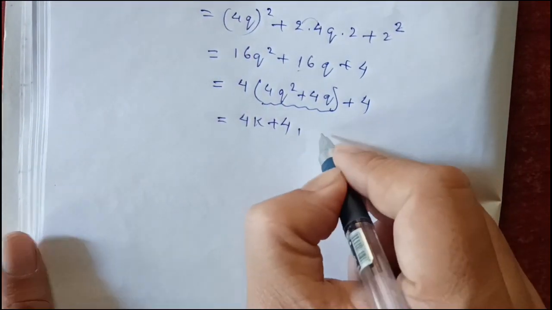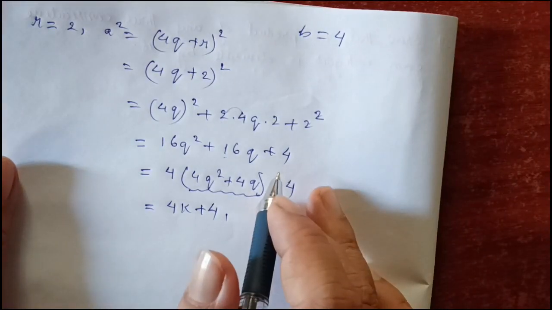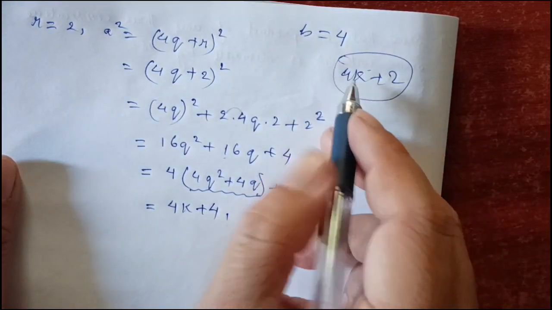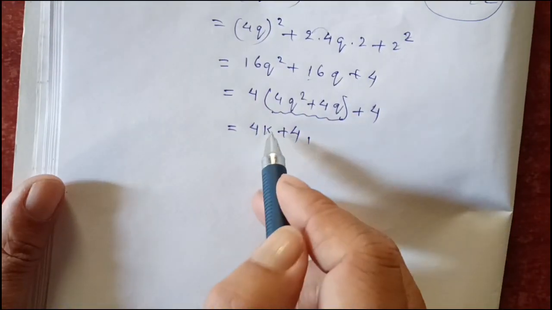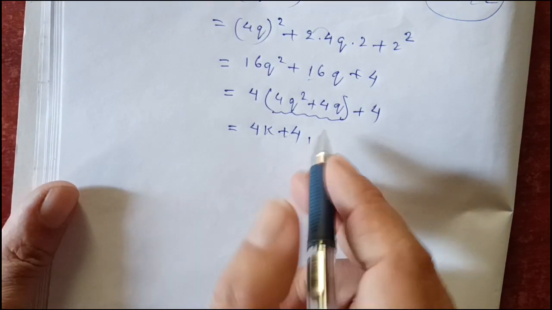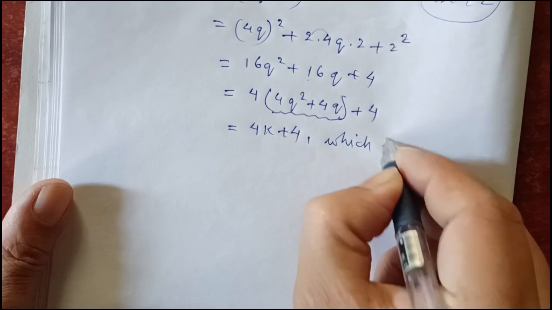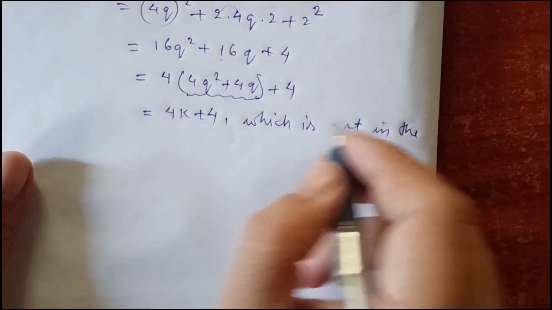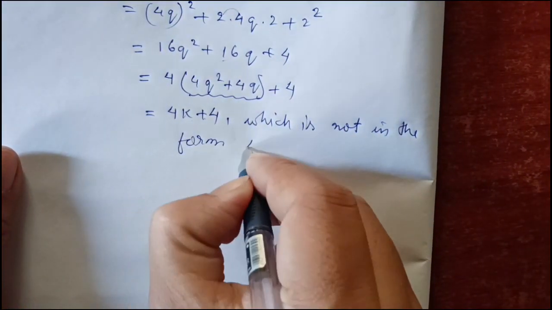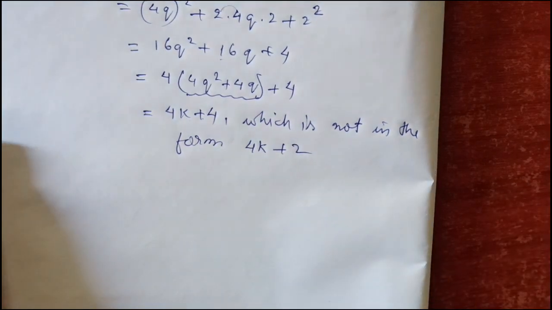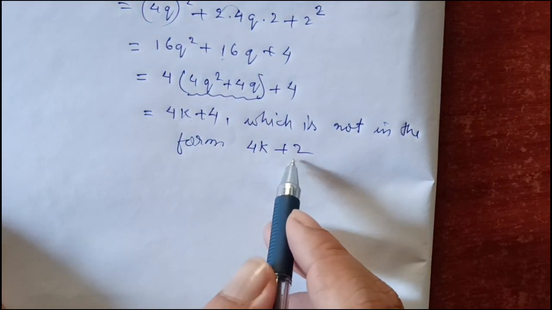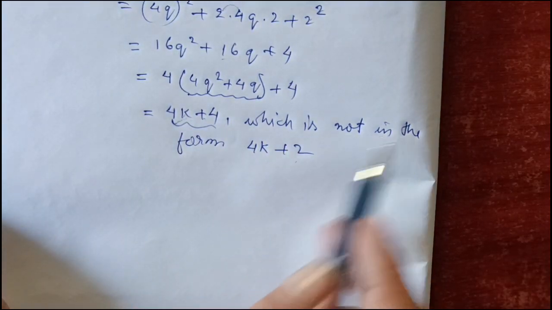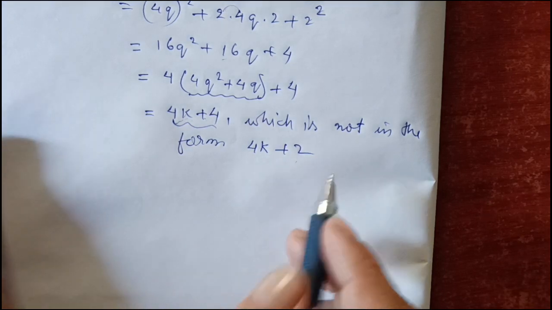Right? So is it in the form of 4k plus 2? The question says that we will be getting 4k plus 2, right? We cannot get 4k plus 2, right? So here also we did not get 4k plus 2, which is not in the form 4k plus 2. Alright, so here we get only 4k plus 4. So that is why we are writing which is not in the form 4k plus 2.